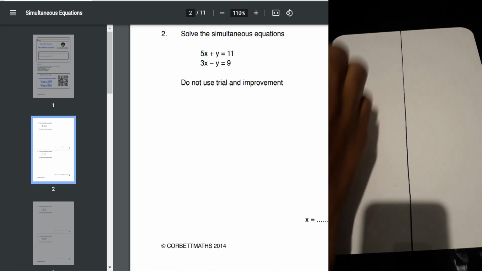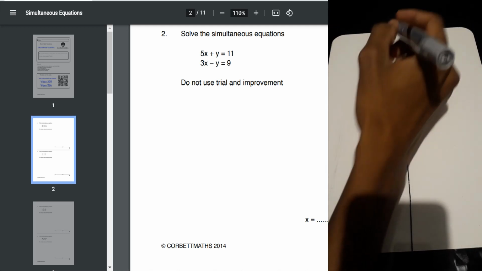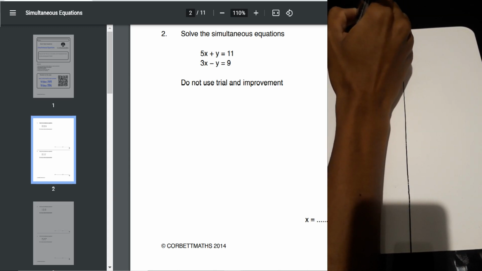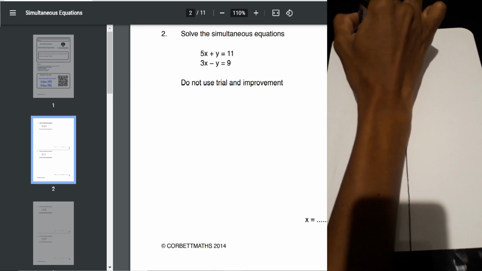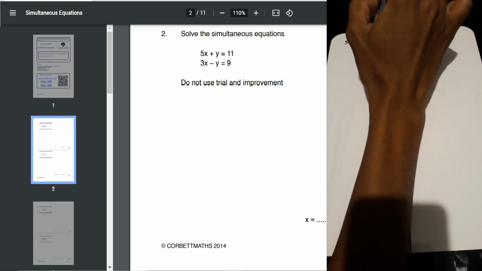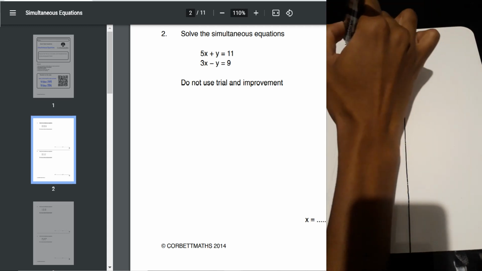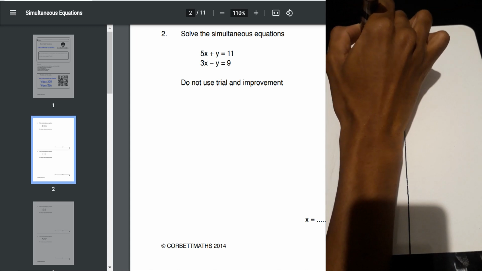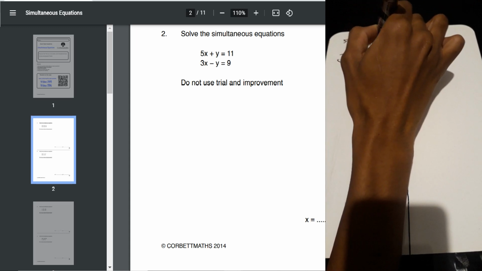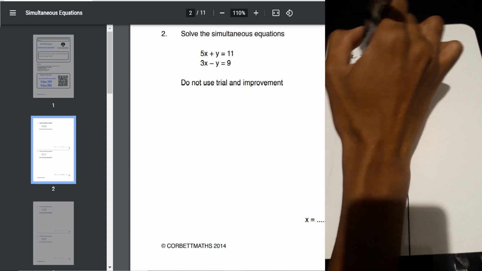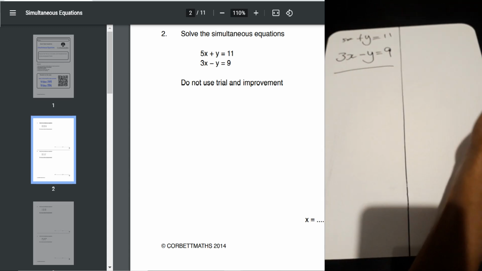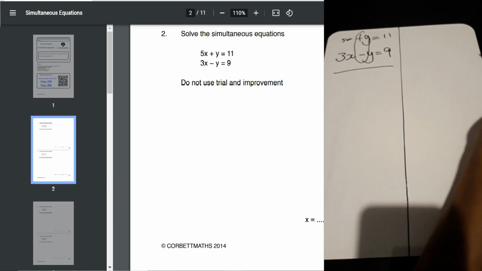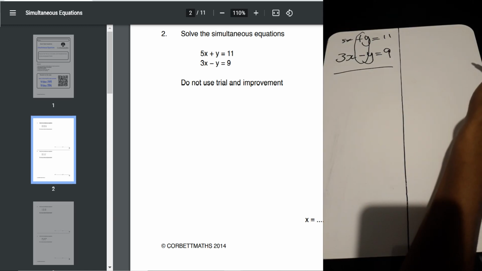It looks like the previous question, but it's slightly different because of the signs used. So it's 5x plus y. I'm going to try to write a bit bigger, equals 11, and 3x minus y equals 9. So because of the signs over here, we're going to add.